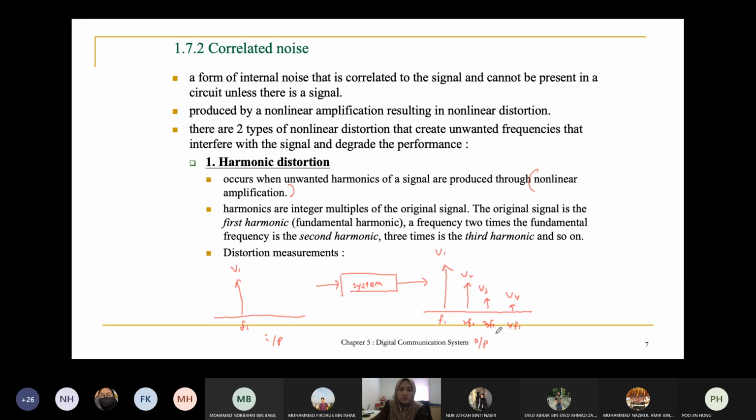This is the output. You can see that at the input you only have V1, but at the output now you have V1, V2, V3 and V4. This V2, V3 and V4 is what we call the harmonic distortion.